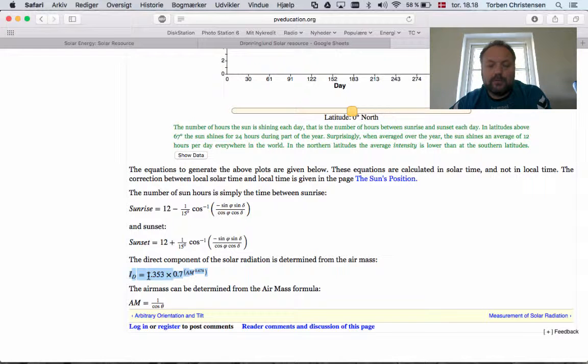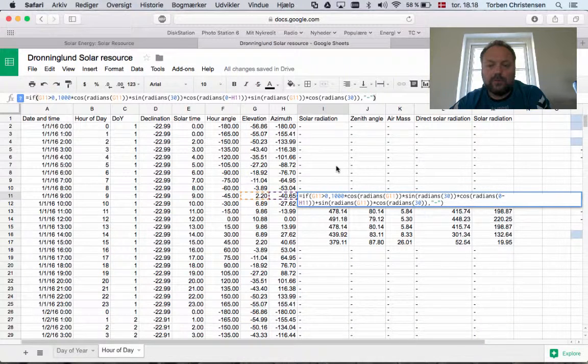So we got 1350 watts per square meter from outside the atmosphere, and then we got this small equation taking into account the air mass. So I tried to take that into account also.